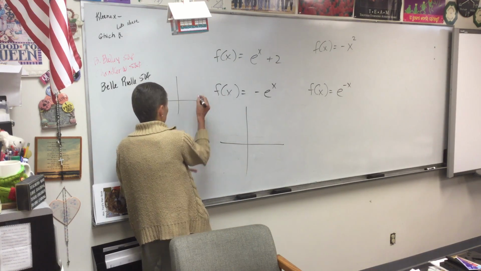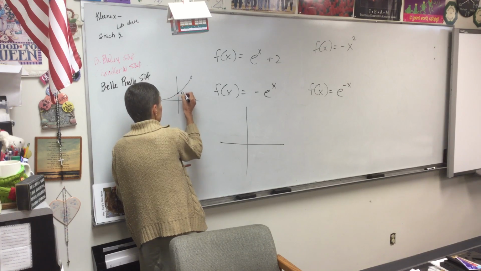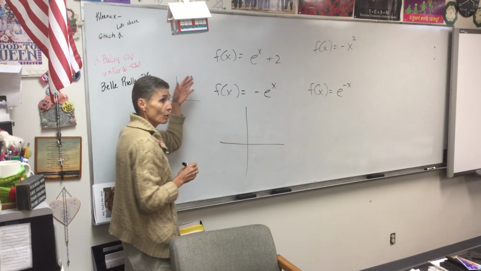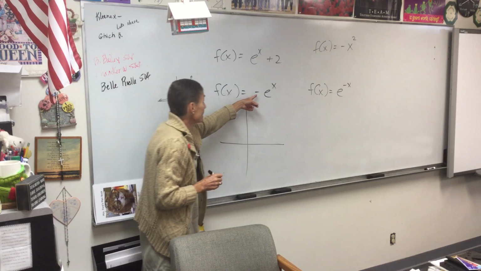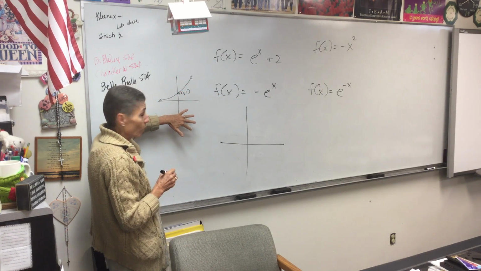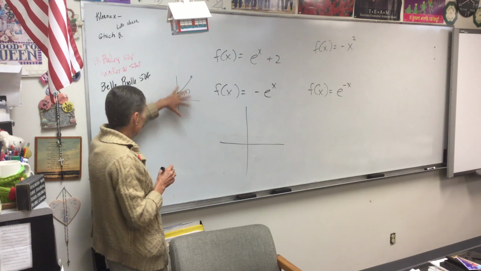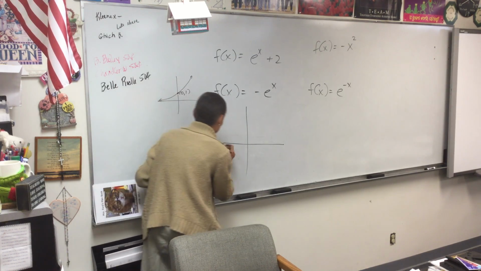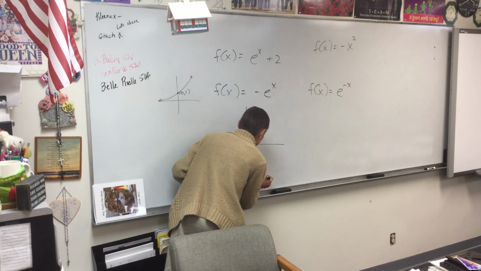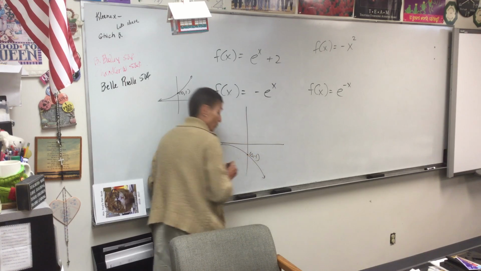So you all know, or should know, what e to the x looks like. That's what it looks like, right? And that's the point (0, 1). So putting a negative is going to reflect it or flip it across the x-axis. So this picture would look like this, and this would be the point (0, -1).